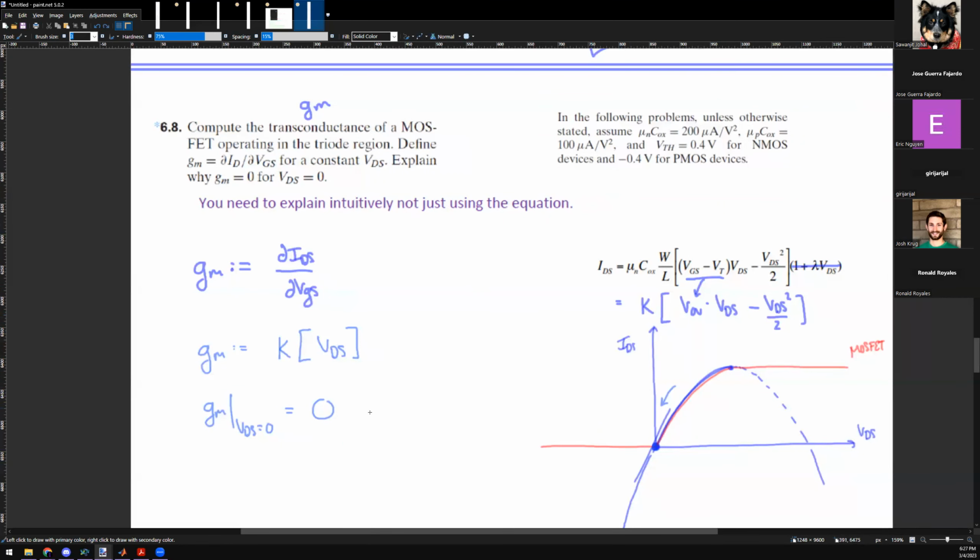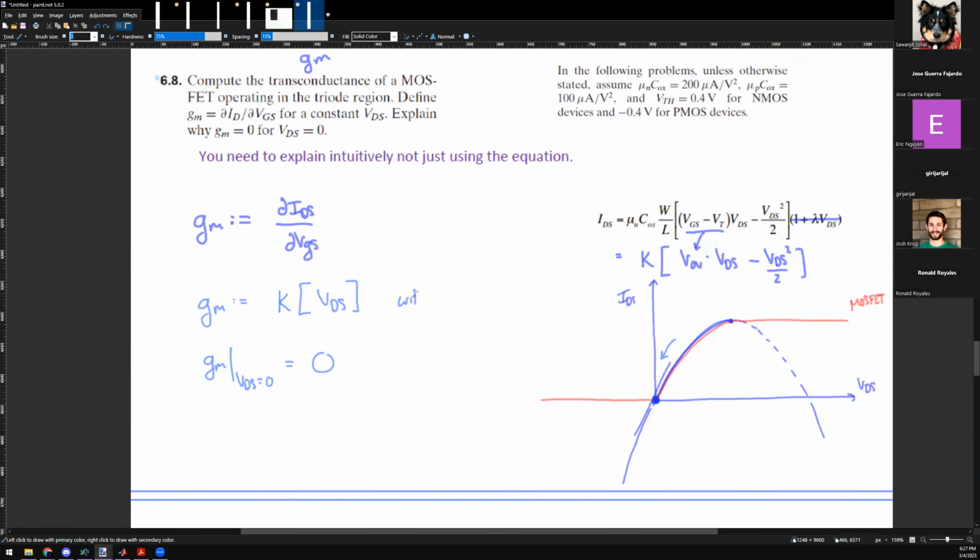Do you guys have any questions? Yeah. So my intuitive explanation is that without VDS bias voltage, there will never be any ID, right?